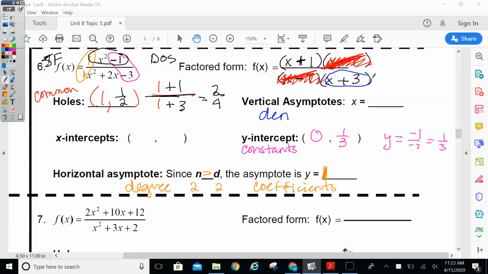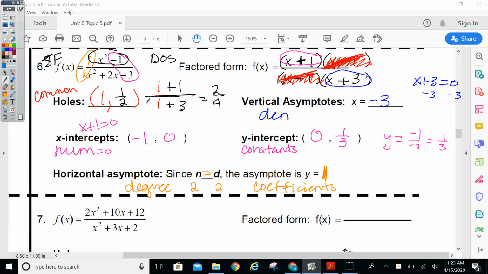So x plus 3 equal to 0 means that x is -3. And then the numerator equal to 0 is the x-intercept. So x plus 1 equals 0. Subtract 1, we get -1. And for the x-intercept, y is always 0.